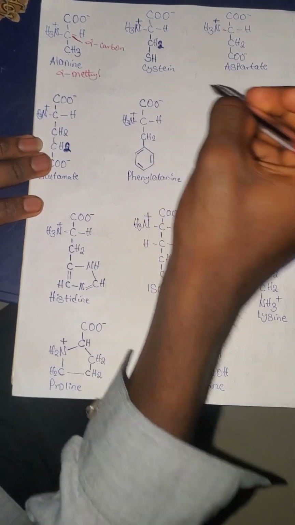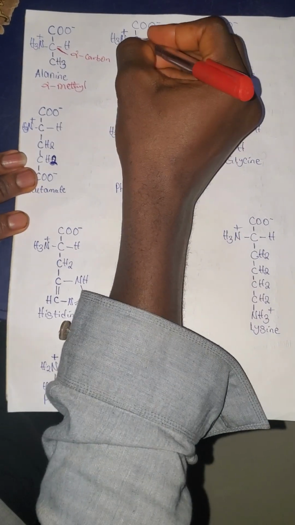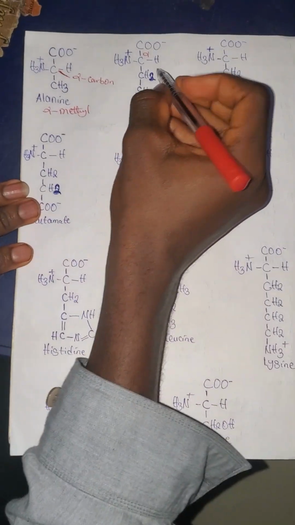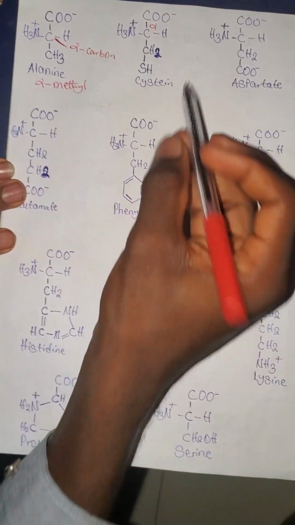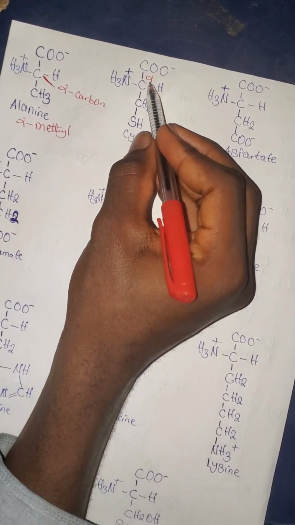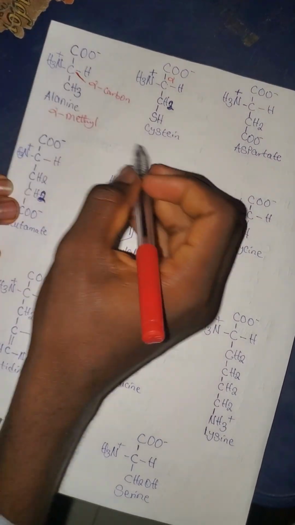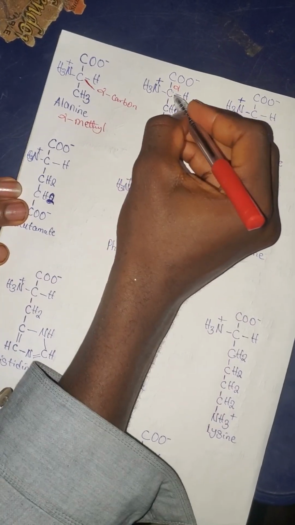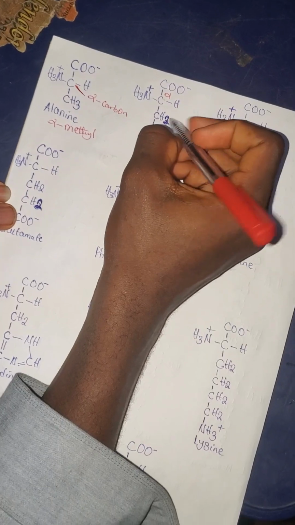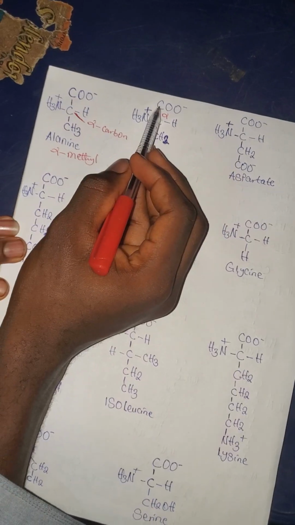We have what we call cysteine. In cysteine, we have this one to be the alpha carbon. This is the first carbon, the second carbon, and we call it the alpha carbon. As a matter of fact, it is the first carbon atom. We call it carbon one in terms of this trick I'm showing you now. So we don't start our numbering from the carboxylic group here.